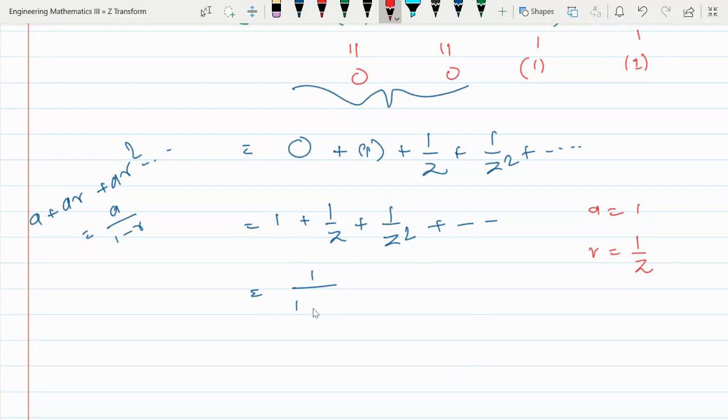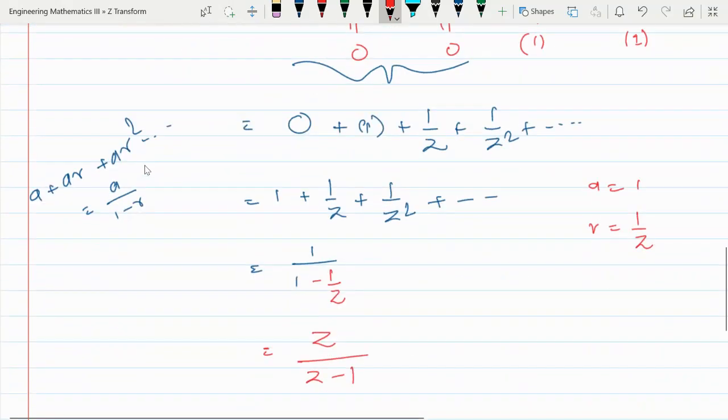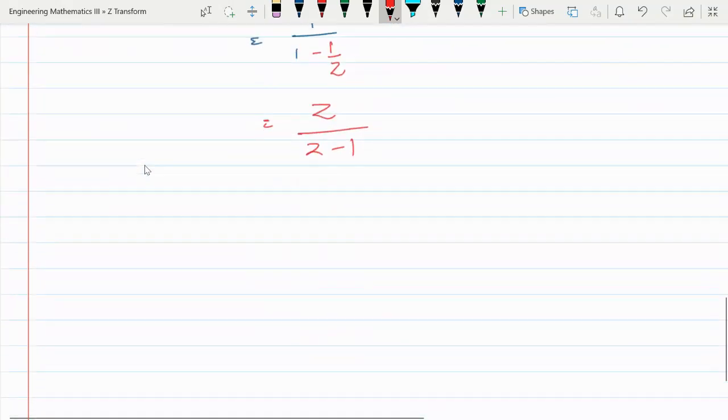So this is simply 1 upon 1 minus 1 upon z, and if we take the cross multiplication in the denominator, you'll get z upon z minus 1, and that we have taken here, see this one, the z transform of the unit step function. Okay, unit impulse function, unit step function.